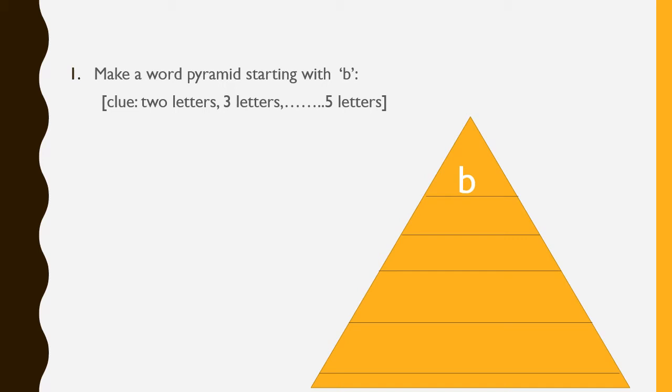Done? Okay. Now remember, these activities have to be done by you only. You are not allowed to take any help from parents, as this will help you with your vocabulary, so please do it by yourself.